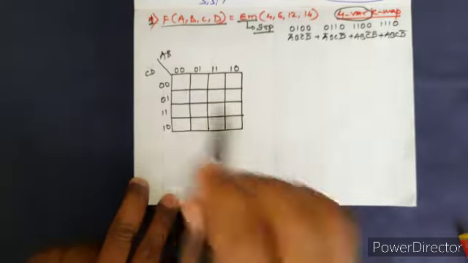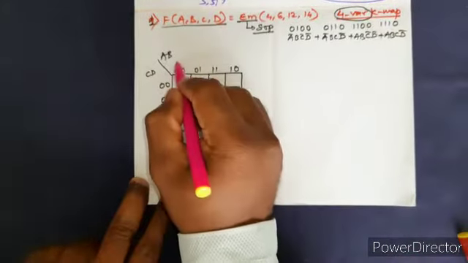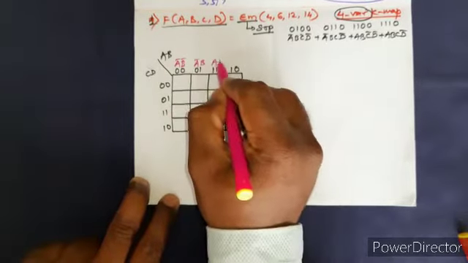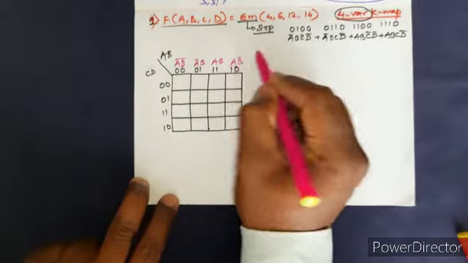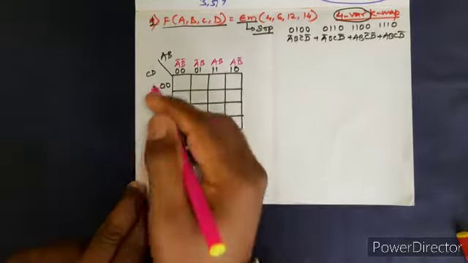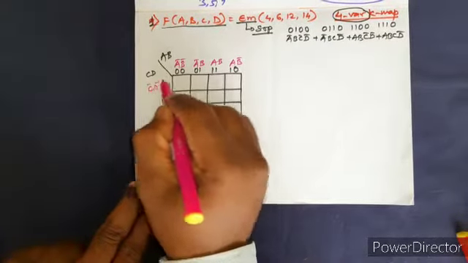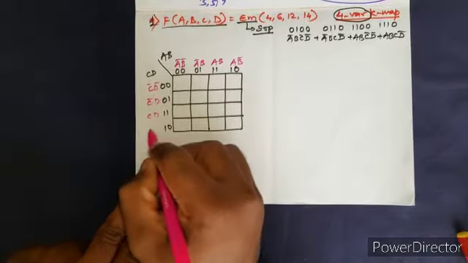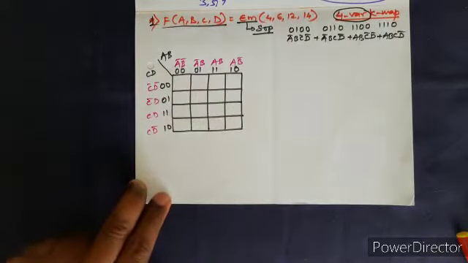Same is the case here. So here it becomes A bar B bar, A bar B, AB and A B bar. Similarly here it becomes C bar D bar, C bar D, C D and C D bar.